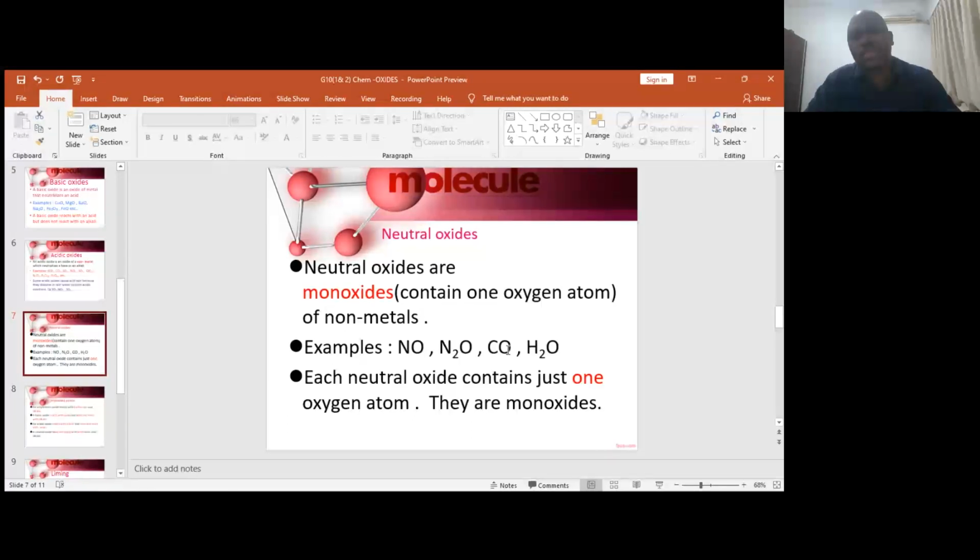So we need to know that. Please take note of that. Both acidic and neutral oxides are oxides of non-metals, but neutral oxides are monoxides of non-metals. Monoxide means one oxygen per molecule.